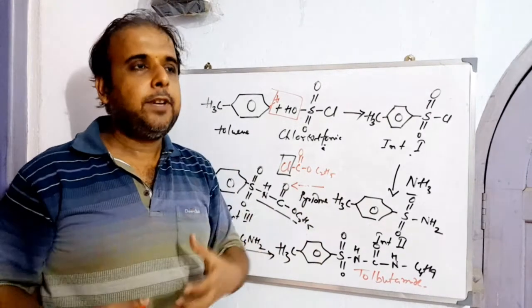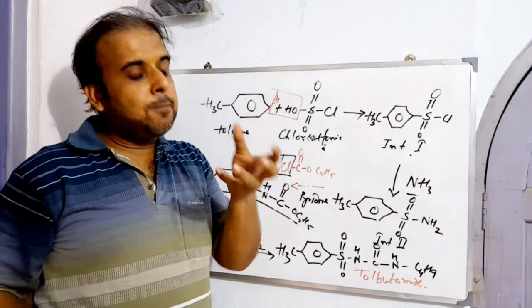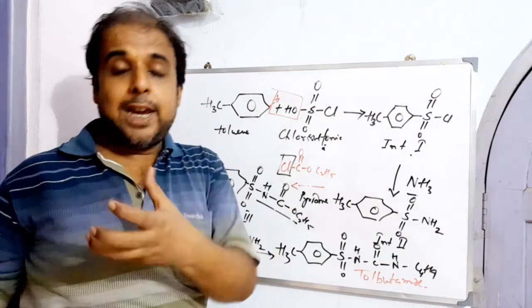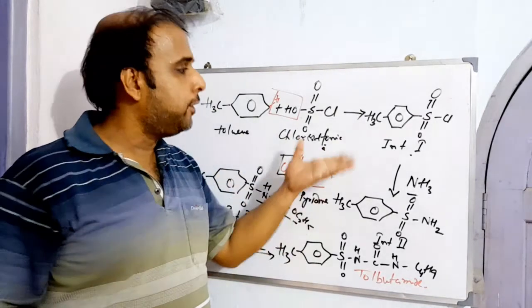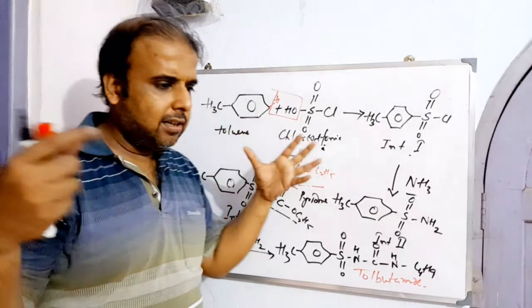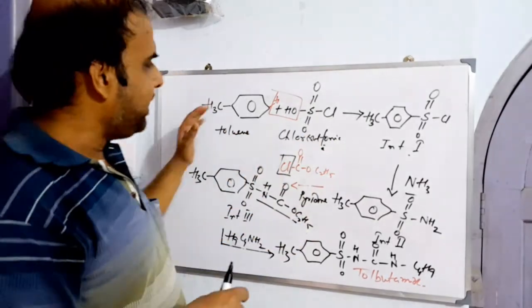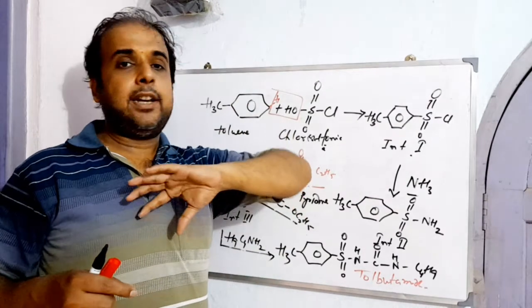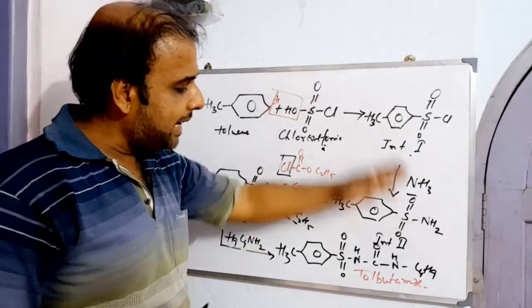We have dealt with each and every part, and we have manipulated them so that we can give each one a shape which can be considered for the reaction, for the synthesis, right? And thus we have collected the possible reagents and introduced them one after another, in an orderly manner, so that we can get finally tolbutamide.